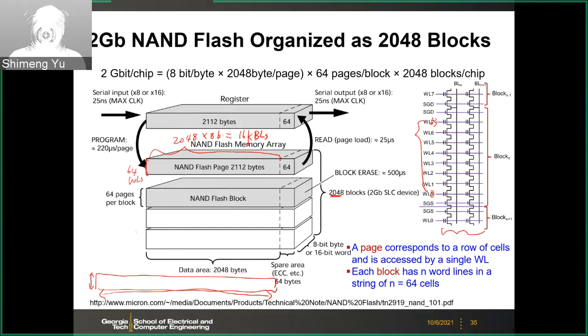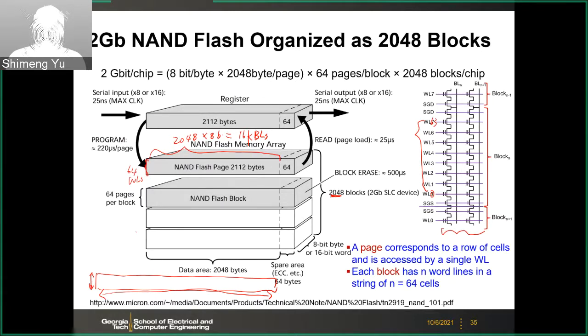You can only have 64, at most maybe 128. We will discuss the reason later. Simply speaking, you cannot make too many cells in series because that will increase your RC delay, because if you read out, you have to go through the whole string. So you cannot make the string too long.